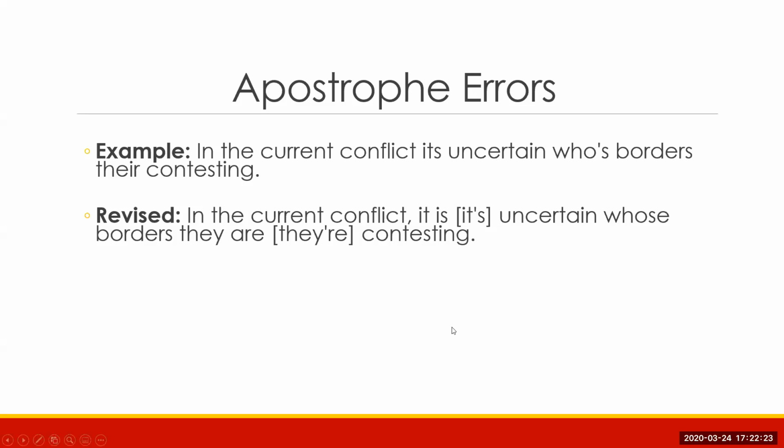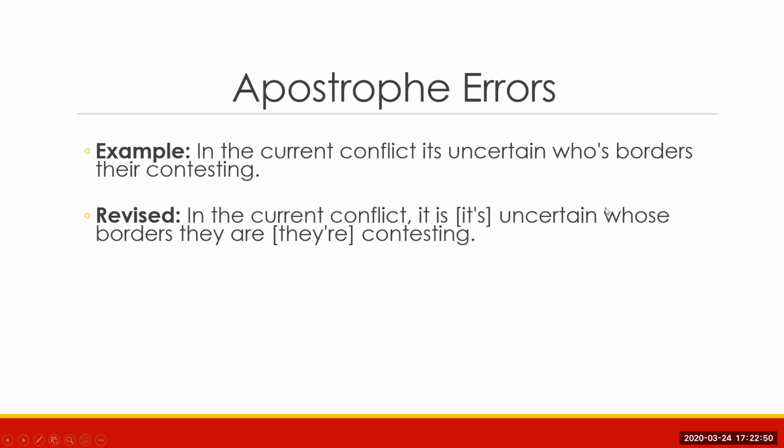And with it's, that's certainly true. So it is should be used as a contraction, it, apostrophe S, not without the apostrophe. So this is incorrect. Like I said, this is the possessive version. This is a correct contracted version of it is. So you would definitely use this instead. So it is uncertain whose.